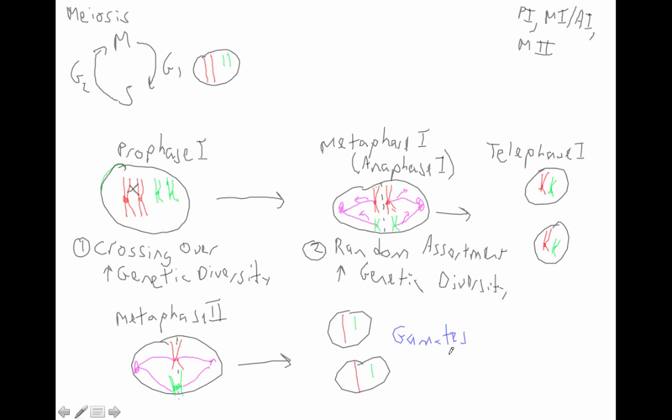And this will bring us to our third point where genetic diversity is increased. So write number 3 here. And I'm going to write random fertilization. And this increases genetic diversity. We say this increases genetic diversity because which gametes are chosen is completely random.